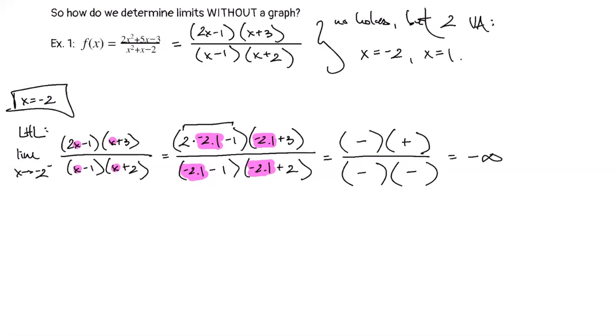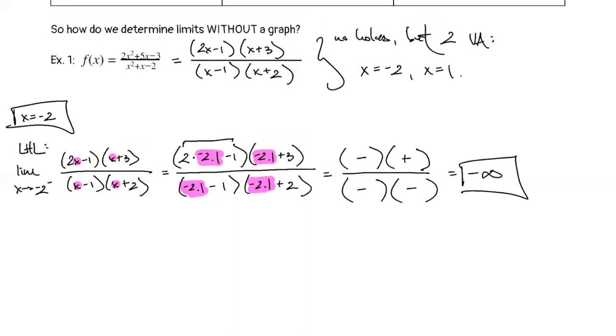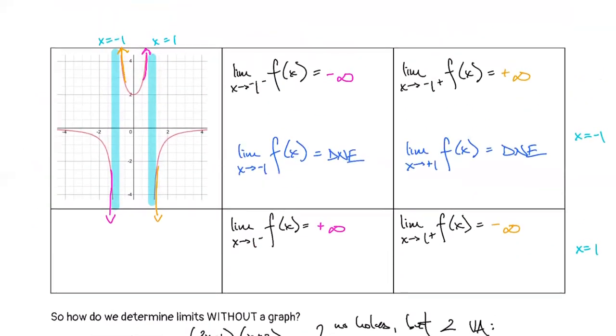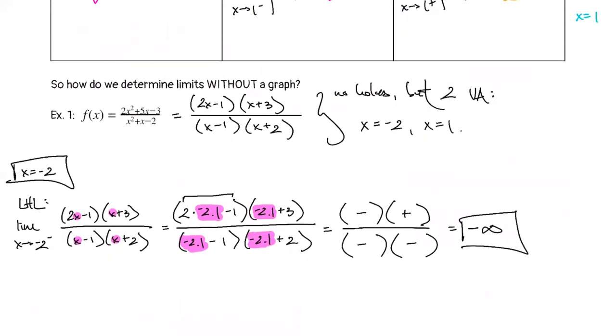We need to include that part, because we're not just finding out whether it's a positive or negative value, but using this to approximate what happens in a picture like this, where the graph goes really far down to the left of a vertical asymptote. So it's important that you don't just write negative as your answer, but that you write negative infinity, to show whoever's looking at your work that you understand that because it's a vertical asymptote, you're approaching either positive or negative infinity. Does that make sense?